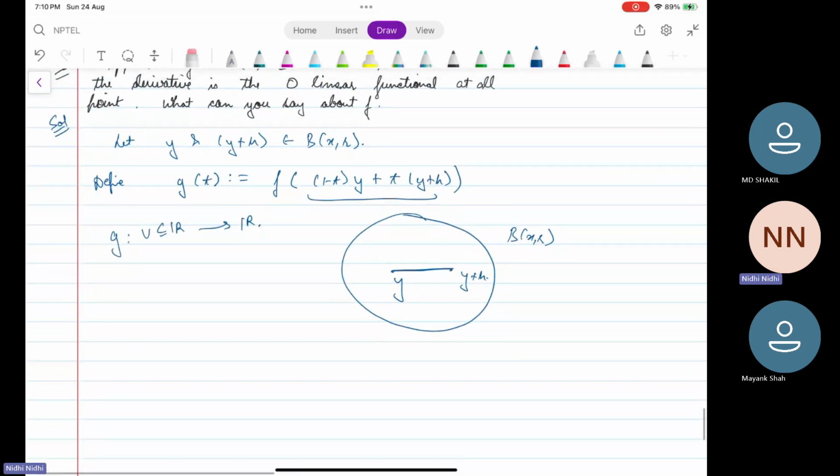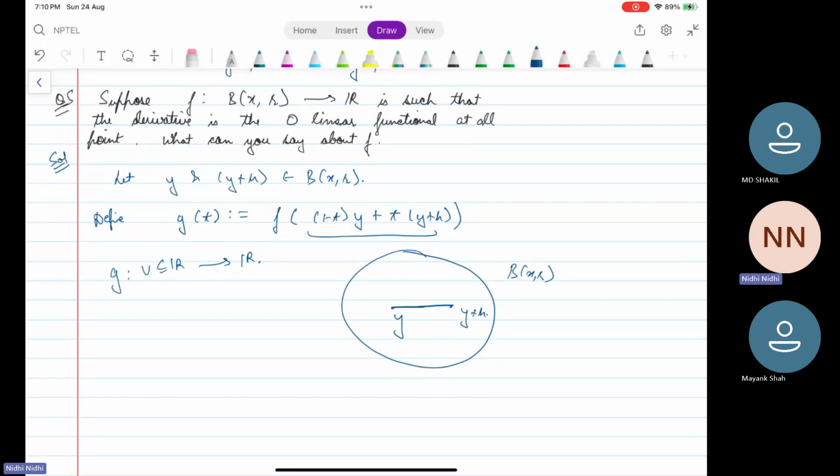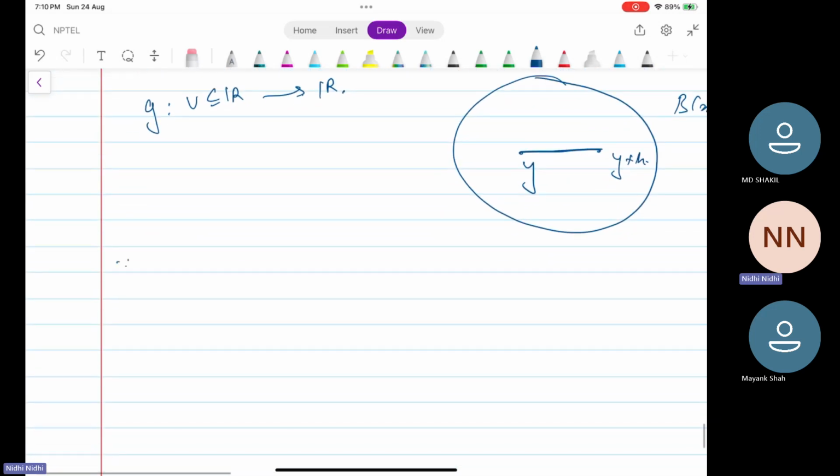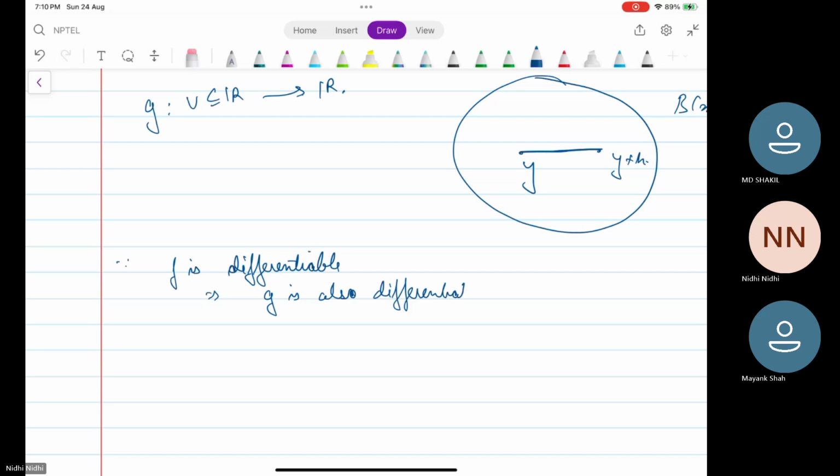Clearly, since f is differentiable, this implies g is also differentiable, and hence continuous in its domain.